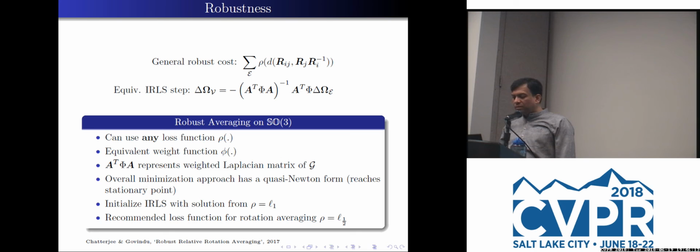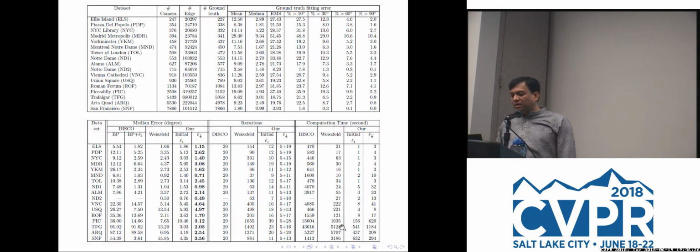Okay, so I'm going to skip many of the other things that are involved here. We tested a whole bunch of different loss functions. Now obviously the behavior of individual loss functions is going to depend on the exact nature of the outliers in your data, right? And empirically, for a large number of data sets, we found that the loss function of L half does the best.